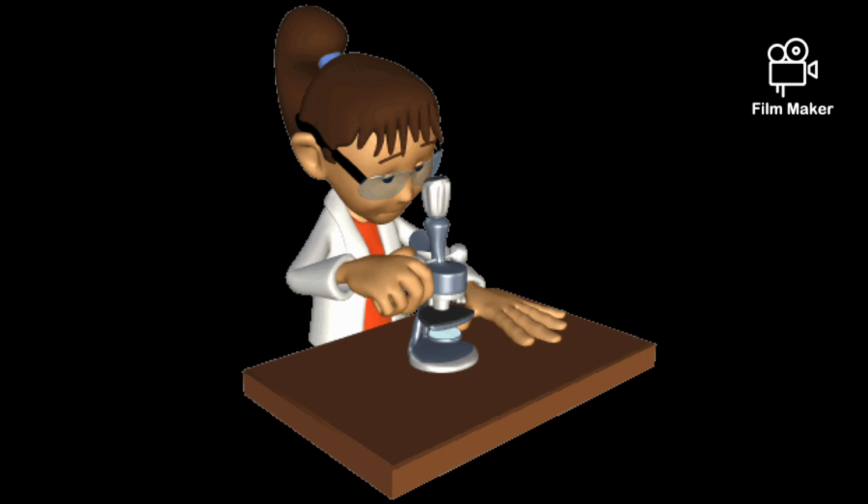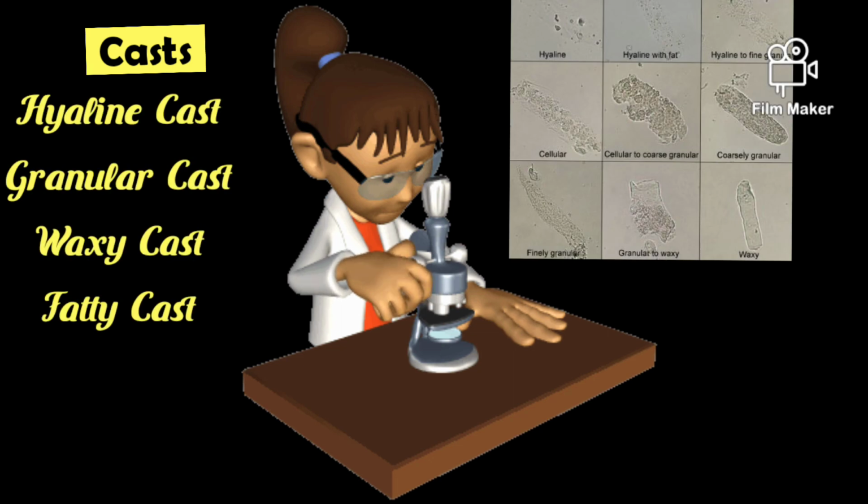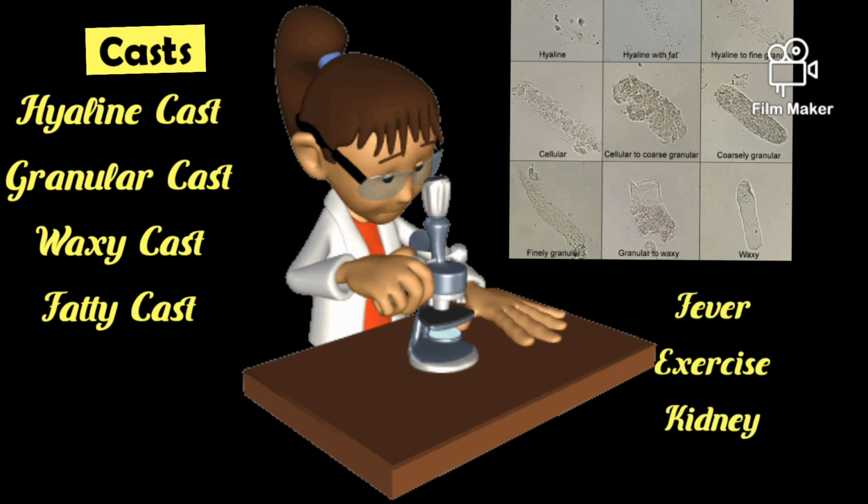And coming to the casts, there are different casts in the urine like hyaline cast, granular cast, waxy cast, fatty cast, etc. Whenever these casts are seen in the microscopic examination, we can say that the person may have had fever, exercise, or kidney damage. There are chances of cast presence in the urine.